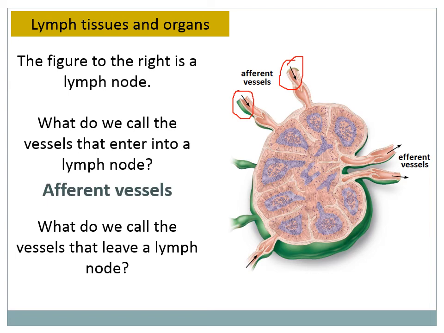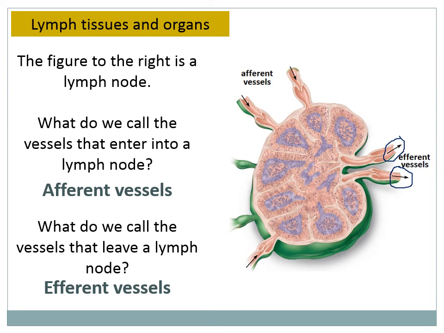And what do we call the vessels that leave a lymph node? Those are right here, these arrows. Notice how they are leaving the lymph node. Those are efferent vessels. So I always like to say that afferents arrive and efferents exit.